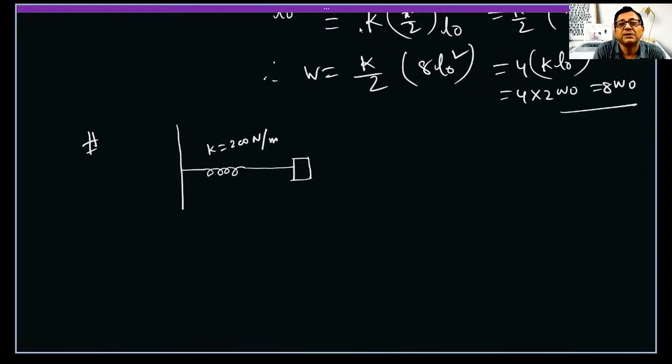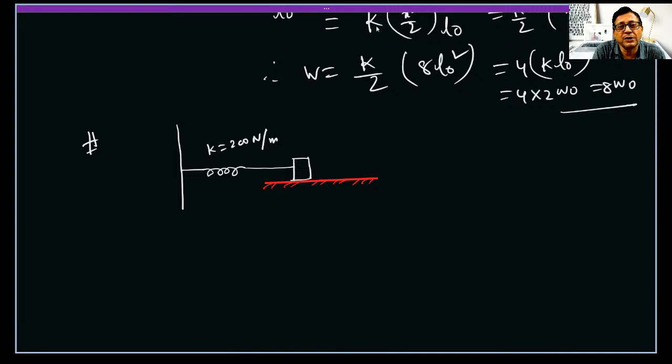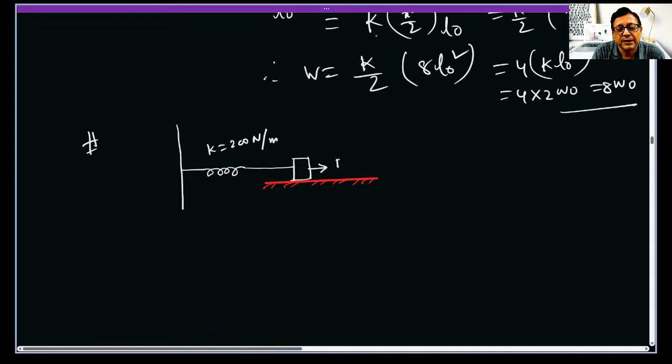This is the ground, the block is lying on the horizontal surface. You have applied a force on it. Some external force is applied, which gives stretching of the spring by 10 centimeter. You have to find the net work done.